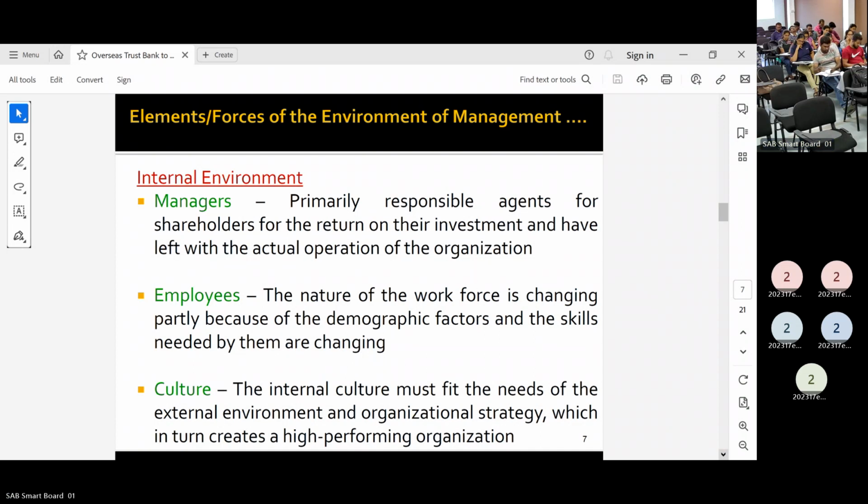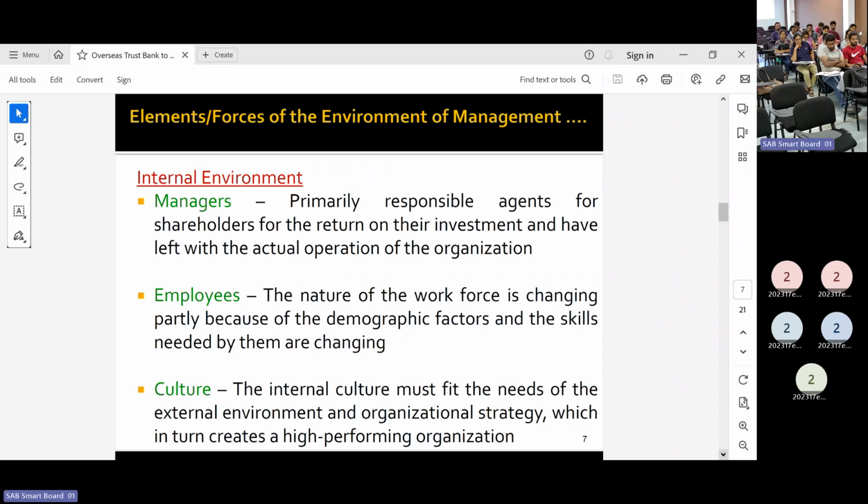As the third element in the general environment. But being the third, we can't undermine its role. It may have the strongest effect on the other two elements in the internal environment.